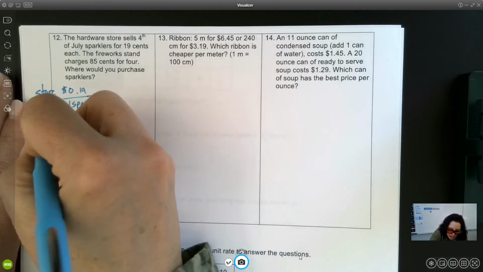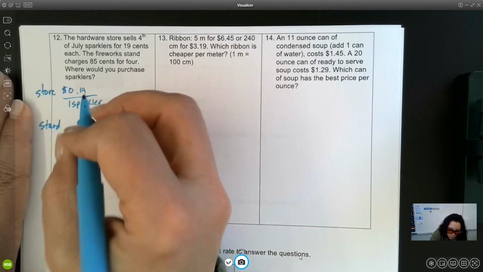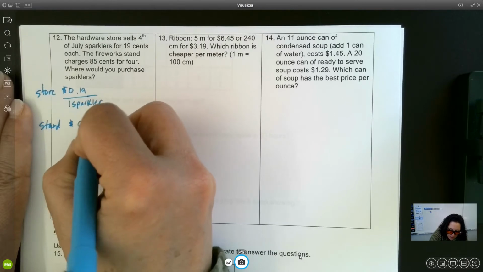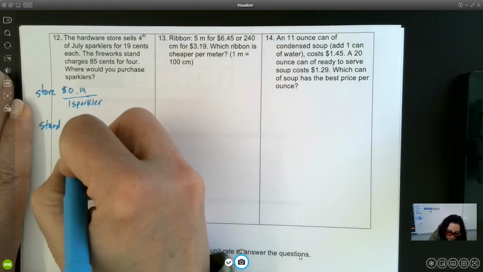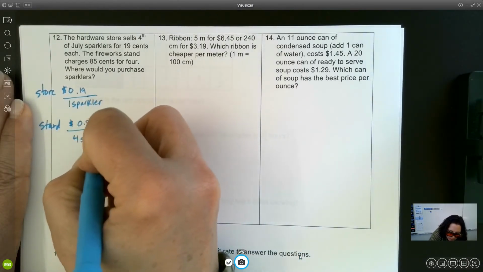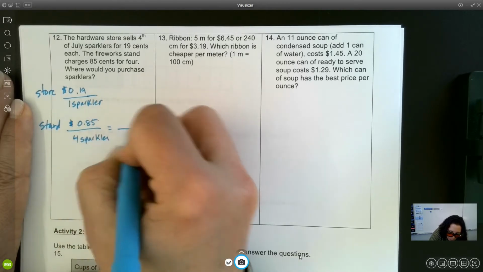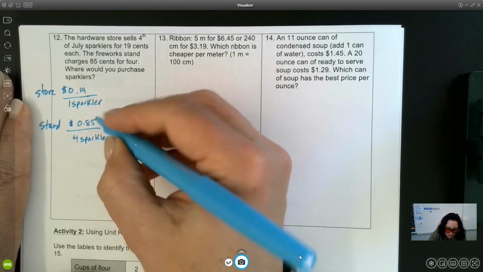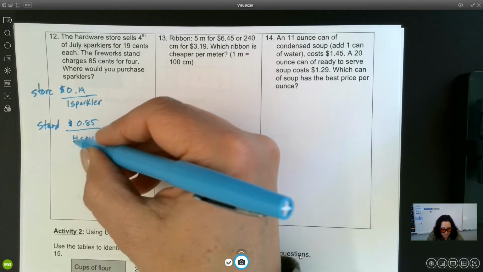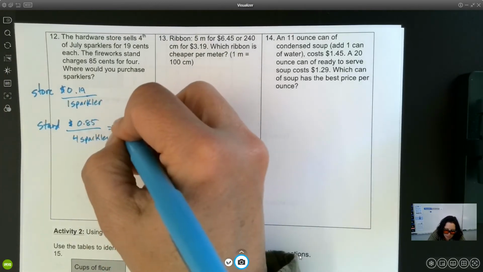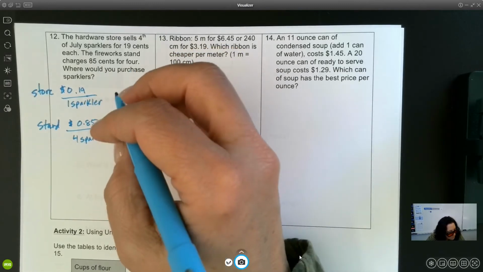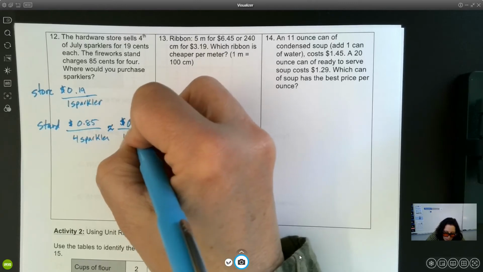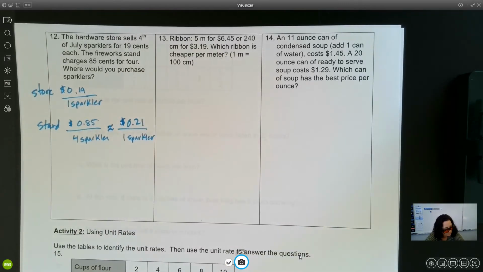Okay, now the stand, we have to do a little conversion on this. We have 85 cents for, how many of them? 4 of them. We want to know what 1 sparkler is. So we're going to divide this 85 cents, 0.85 by 4, and it comes out to be roughly, it's not an even number, 21 cents.